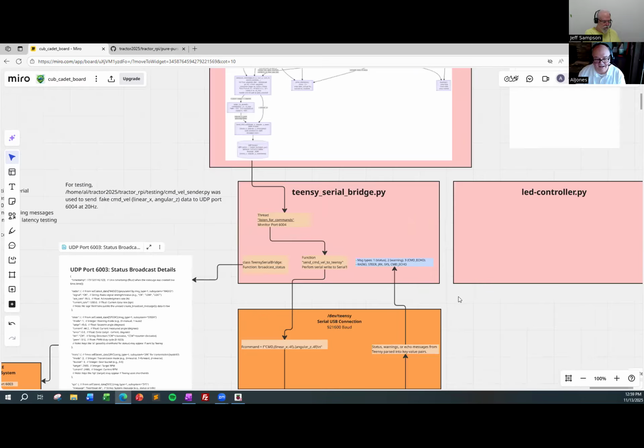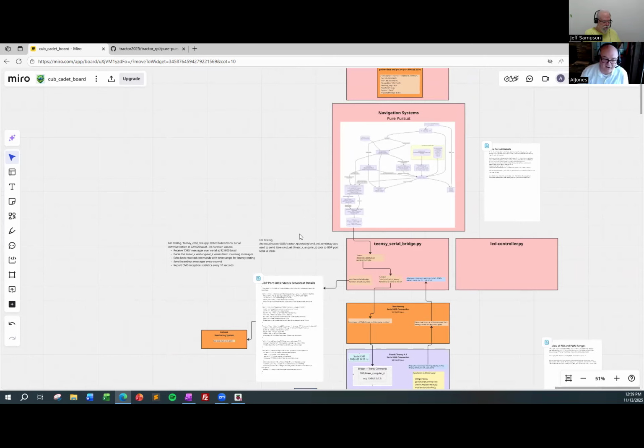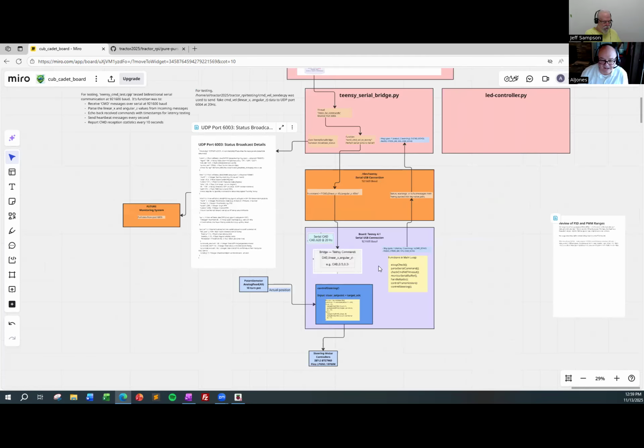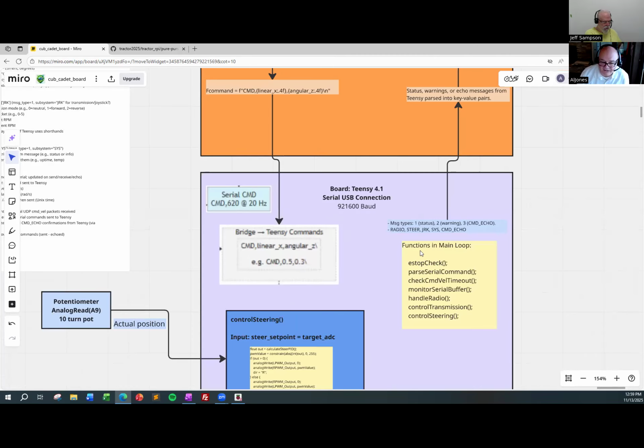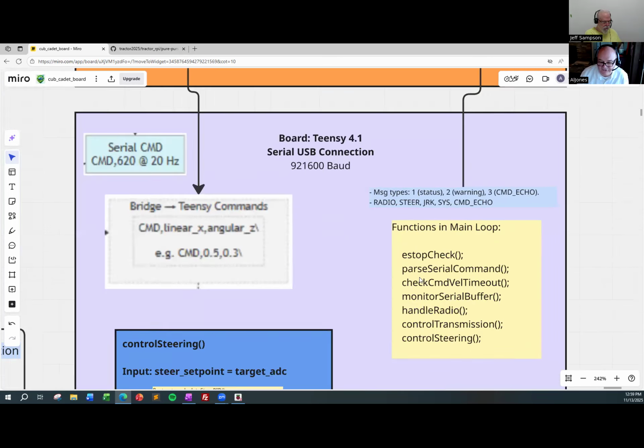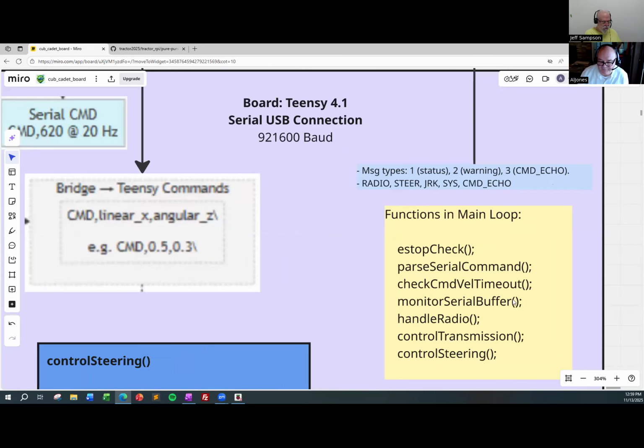What I haven't done is, now I've got to go back to my previous Teensy code, and at the moment these are the functions in my Teensy code, and now I've got to incorporate what I've learned about how to pass the serial data into all of those.